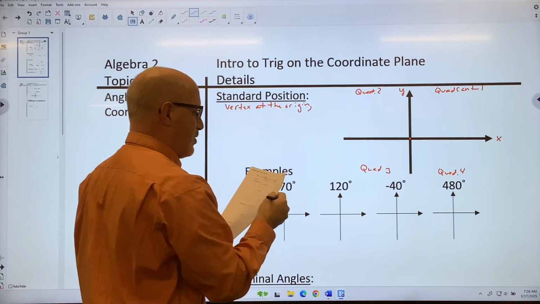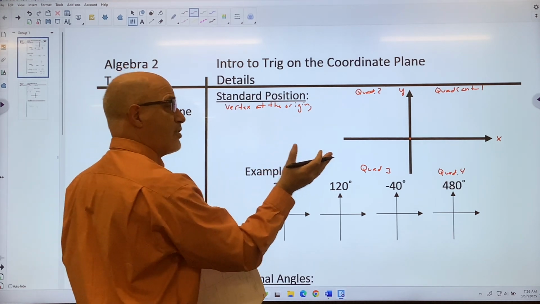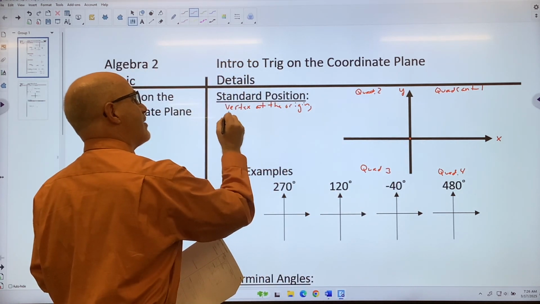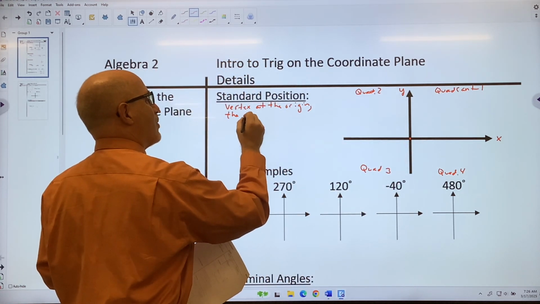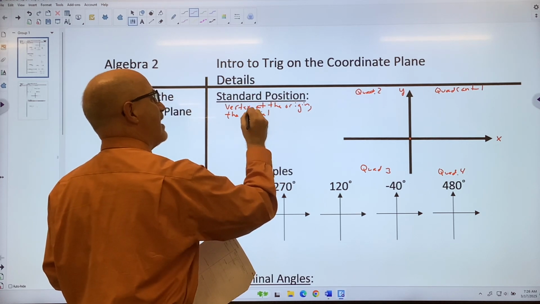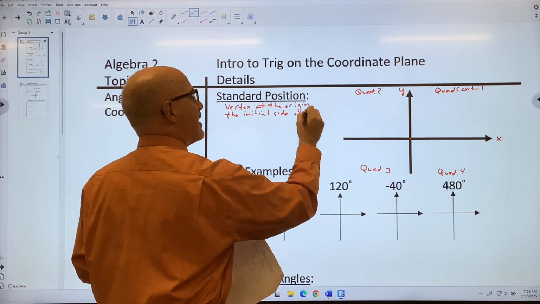Then you want to make sure that you start the first ray of the angle on the x-axis. So the initial side on the x-axis.